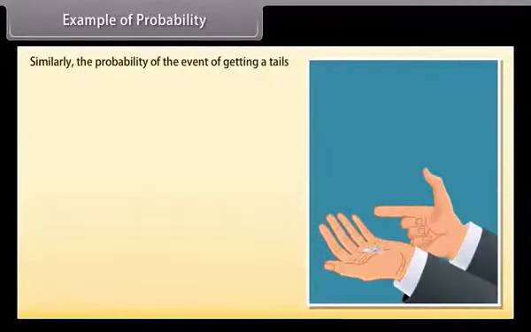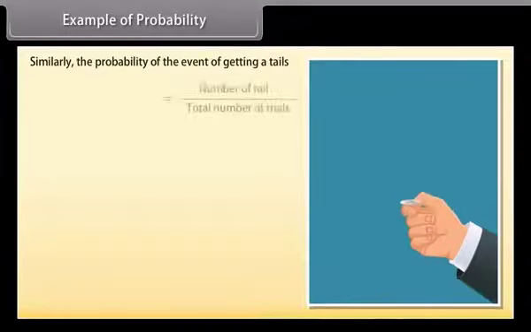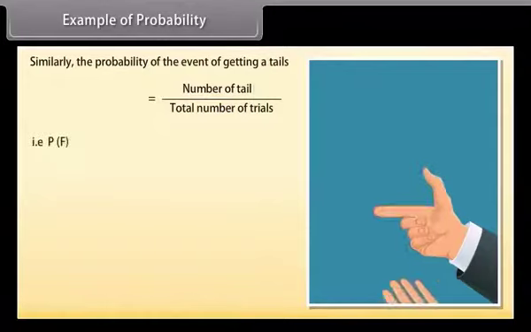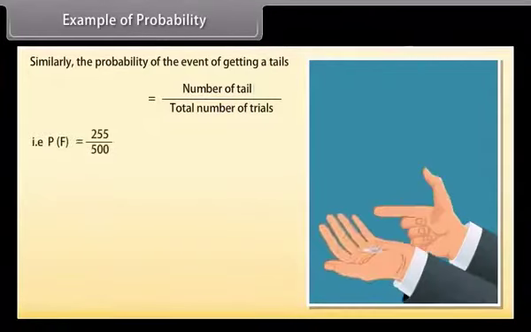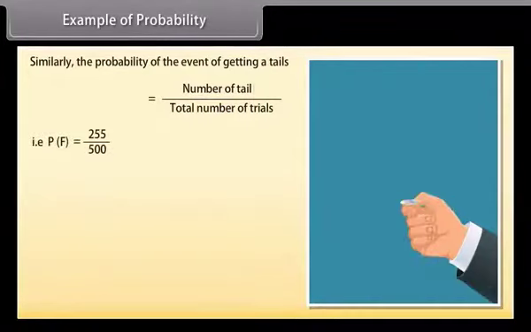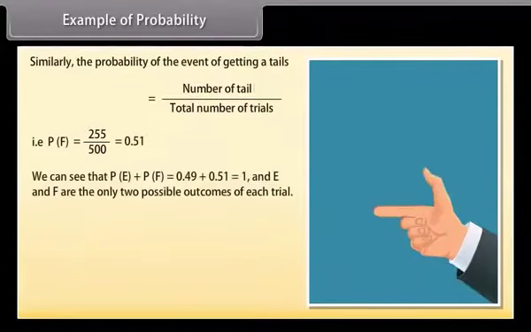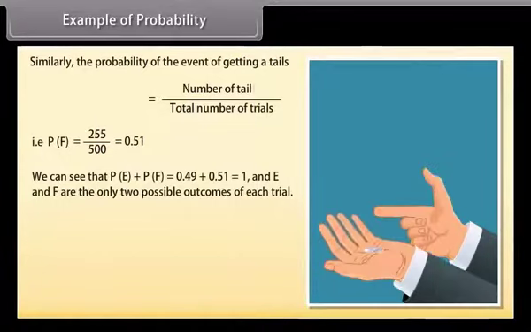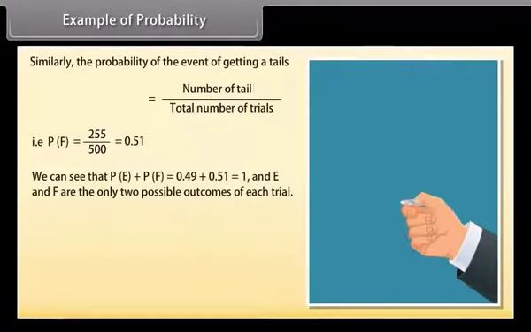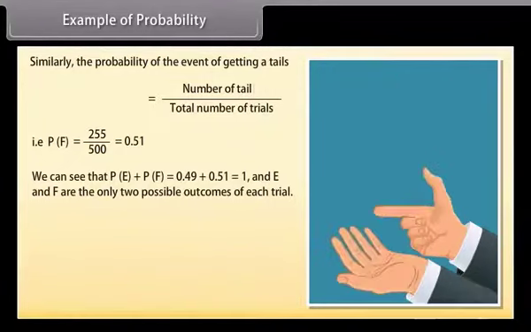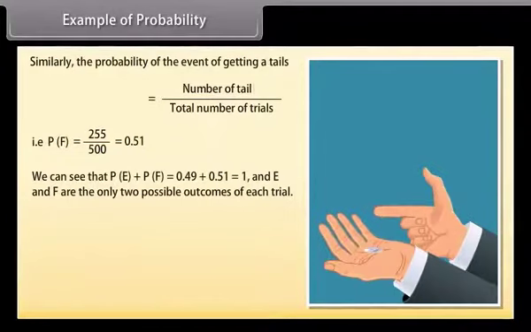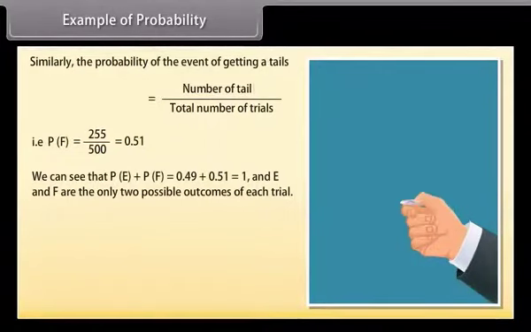Similarly, the probability of the event F of getting a tail is equal to number of tails upon total number of trials, that is, P(F) is equal to 255 upon 500, which is equal to 0.51. We can see that P(E) plus P(F) is equal to 0.49 plus 0.51, which is equal to 1. And E and F are the only two possible outcomes of each trial.